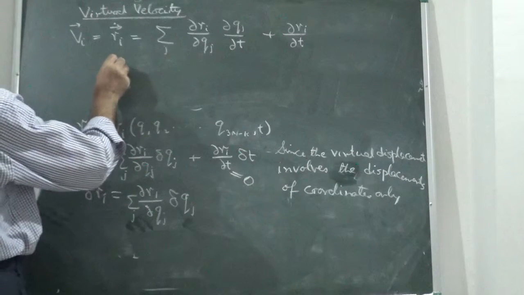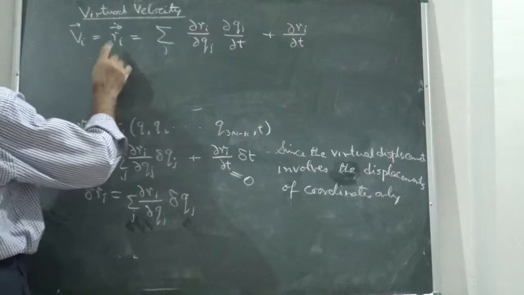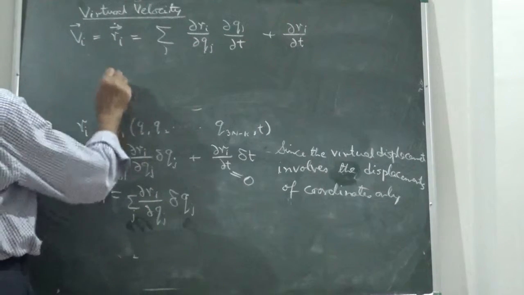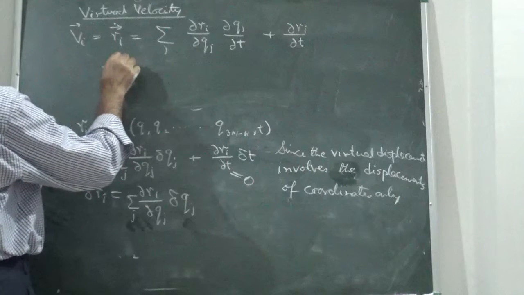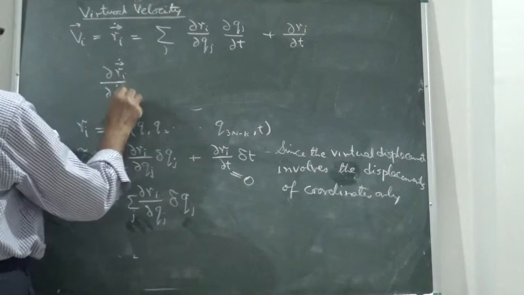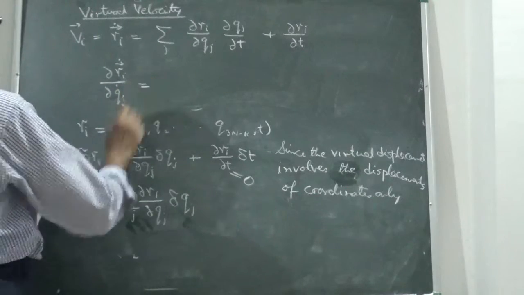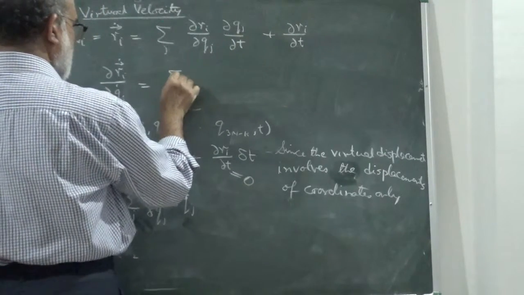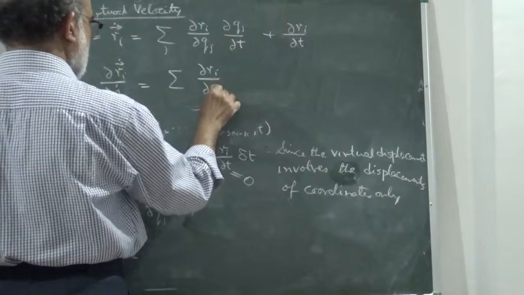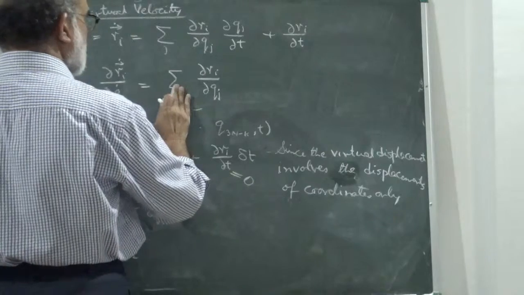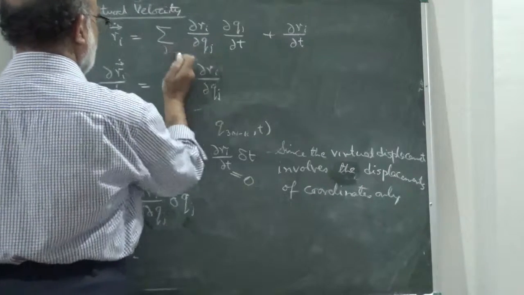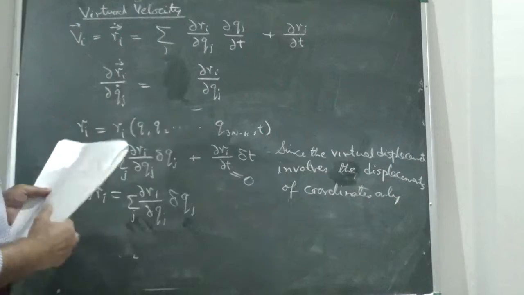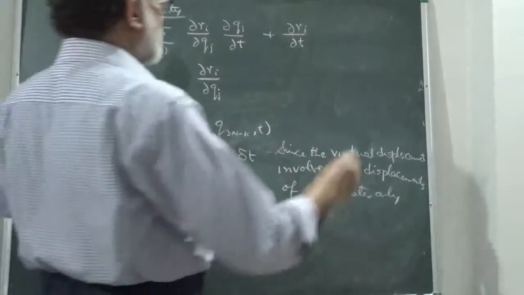If you differentiate this with respect to Qj dot, you will get only delta Ri by delta Qj.